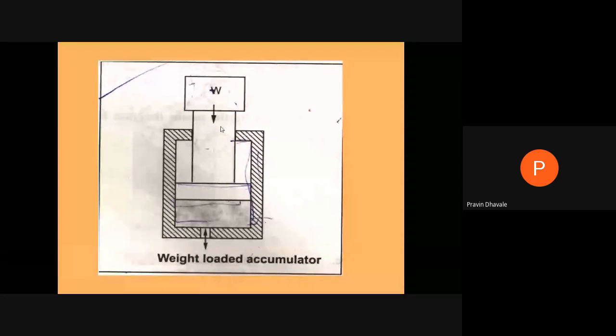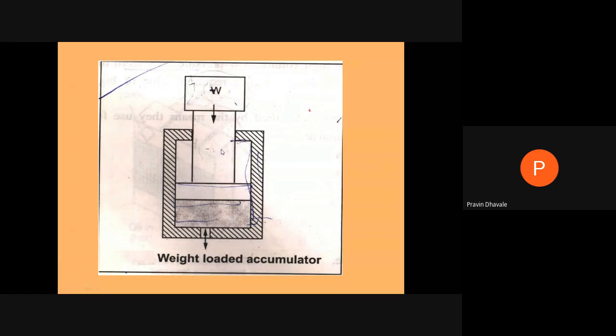Why is it essential? We are applying weight at the top side of the piston rod. If we put a small diameter ram, where the length is large and the diameter is small, and we are applying axial compressive load on the piston rod, at that time there will be the possibility of failure of this small diameter piston rod due to buckling.